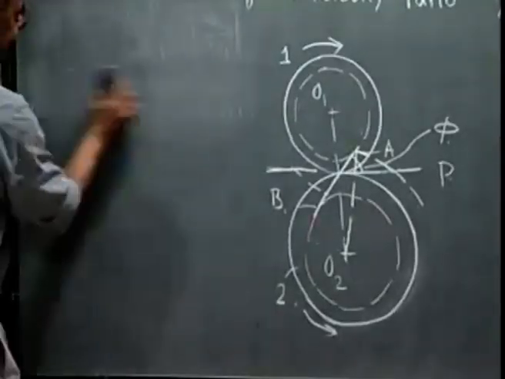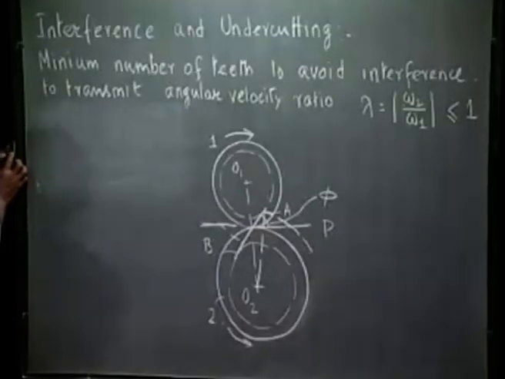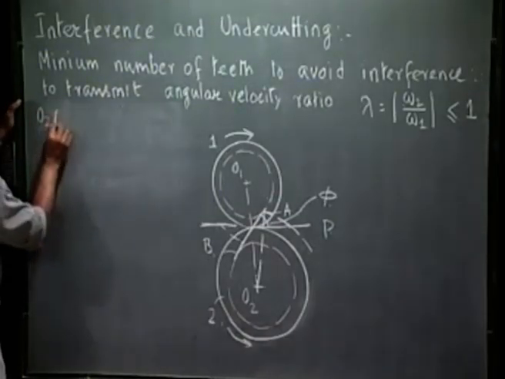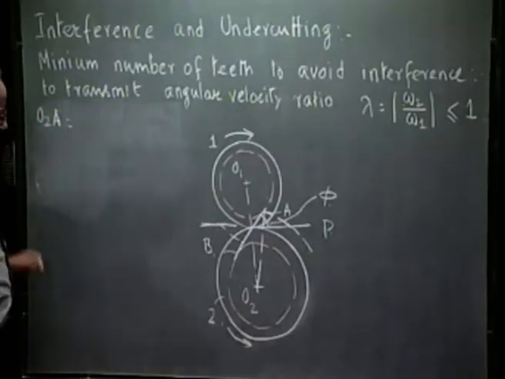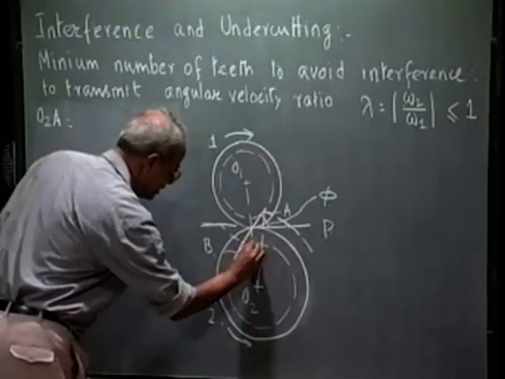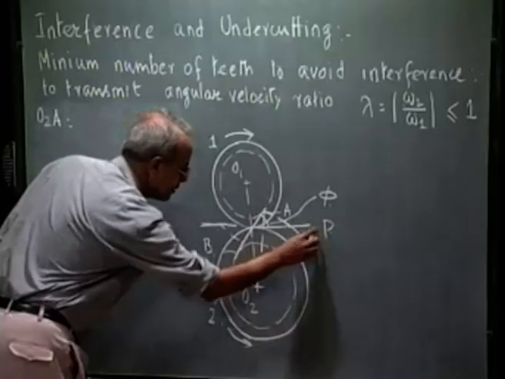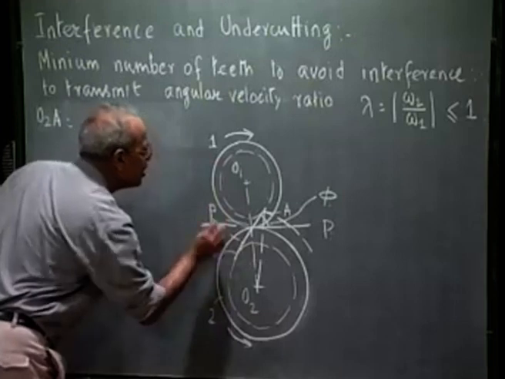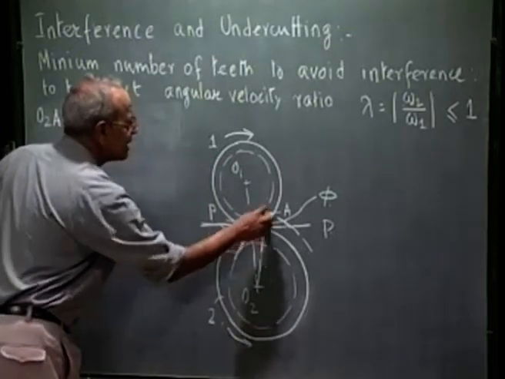So, let me first write an expression for this O2A. We consider the triangle O2PA. This point is P. Let me write it here again. O2PA. Let us consider this triangle.